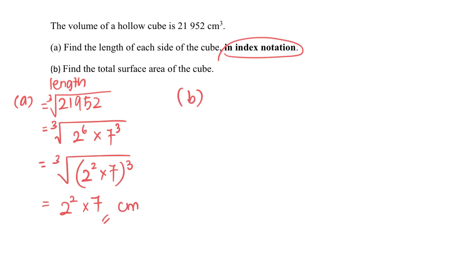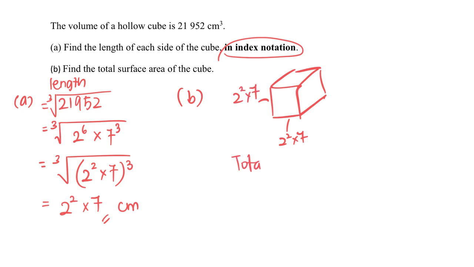Part B, find the total surface area of this cube, where I will have each side 2 squared times 7, 2 squared times 7. Therefore, the total surface area is equal to 2 squared times 7 times 2 squared times 7.